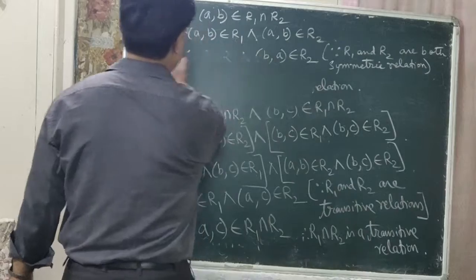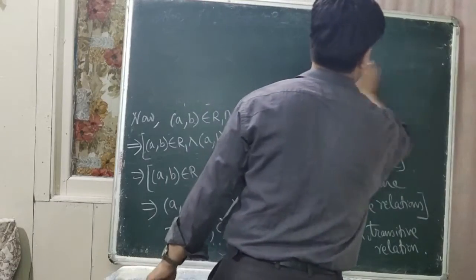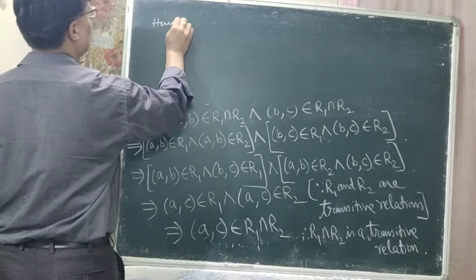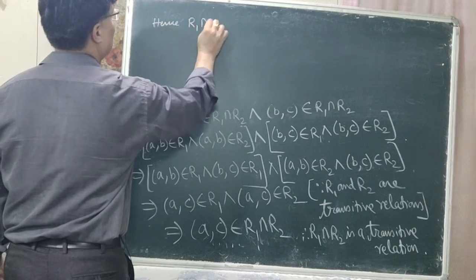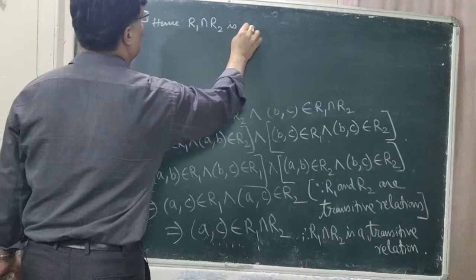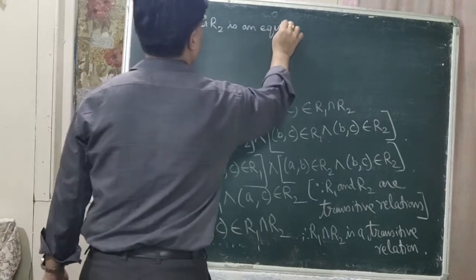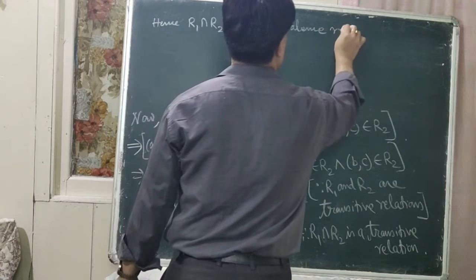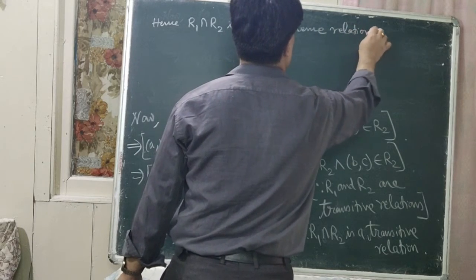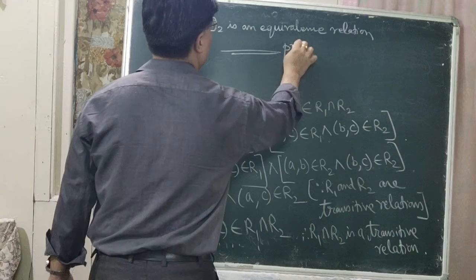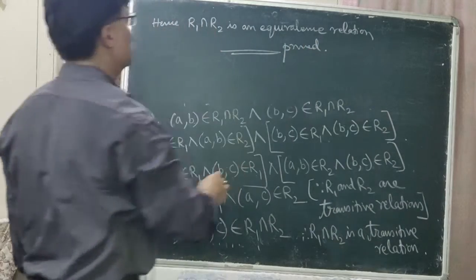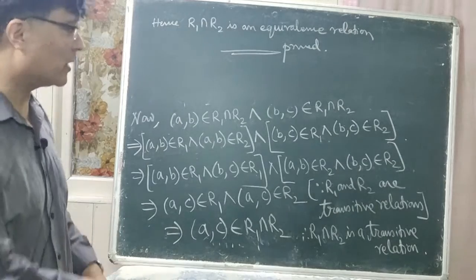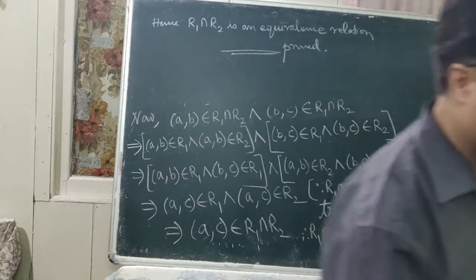So write down hence R1 intersection R2 is an equivalence relation. So it is proved. So I think you have understood it. So you can copy it. Now we'll do the next problem.